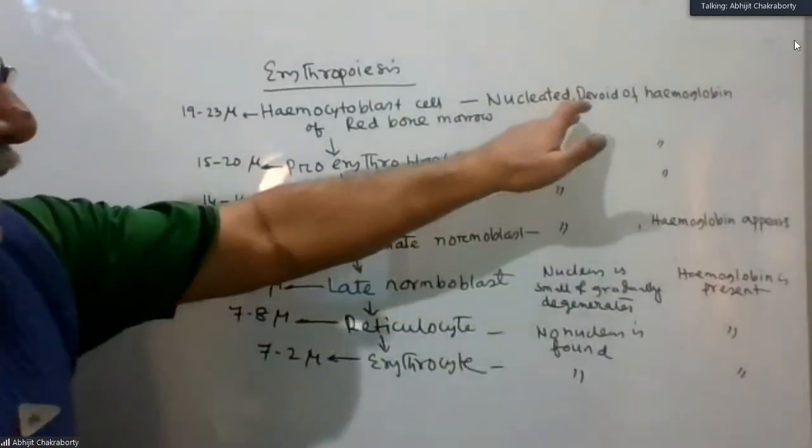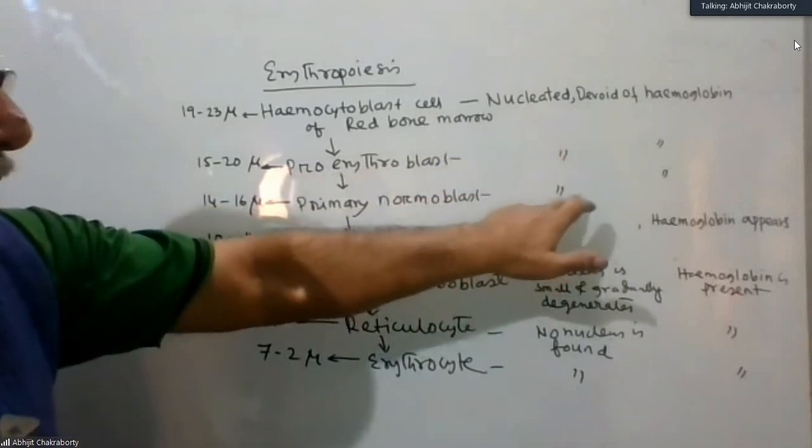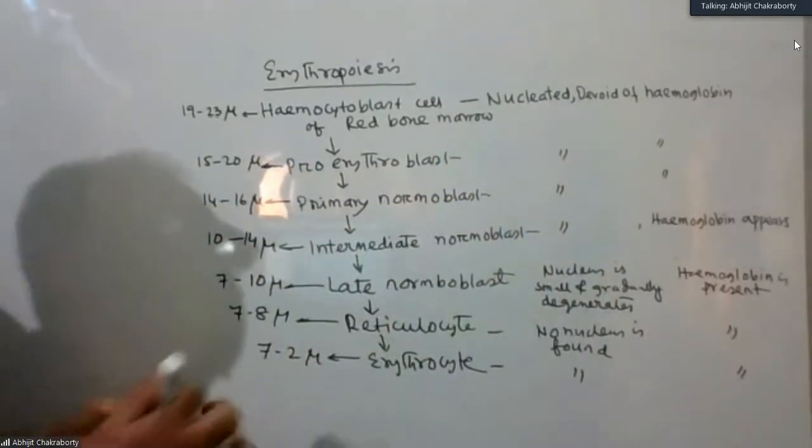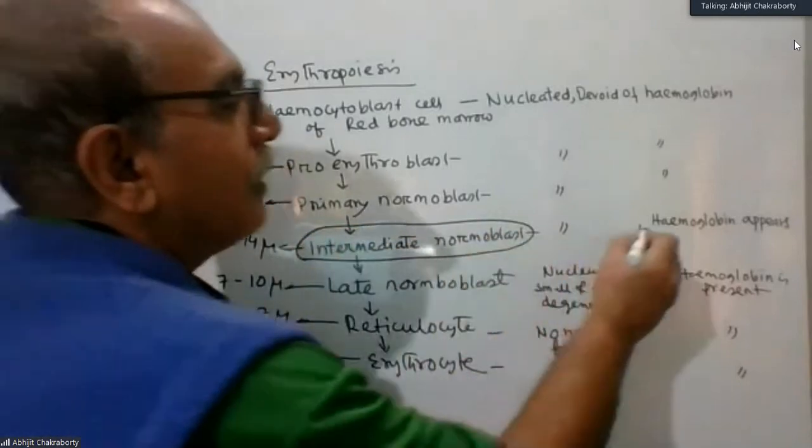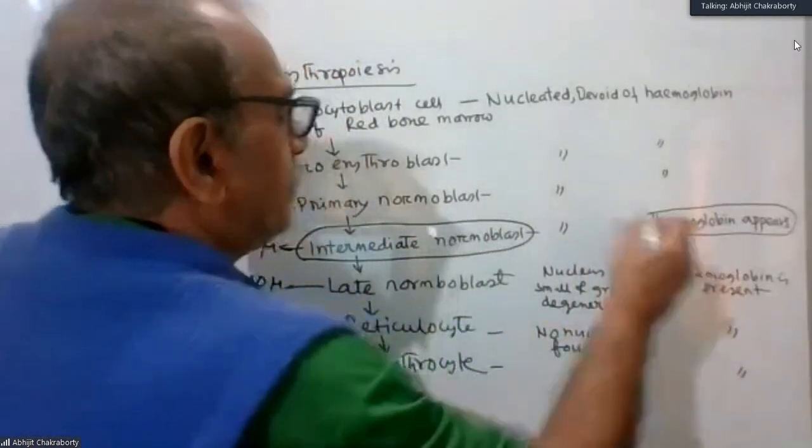Similarly, initially the cells are large and with nucleus, and you need to remember the intermediate normoblast, the most important phase, where first hemoglobin appears. This is the question coming in the entrance.